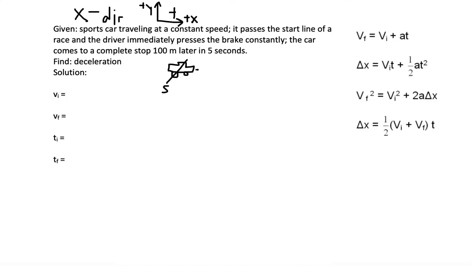We don't know its speed, so I'm just going to call it V initial. And then it's going to travel 100 meters. Well, that's x final, that point right there. X initial is going to be 0 because we start at the start line.